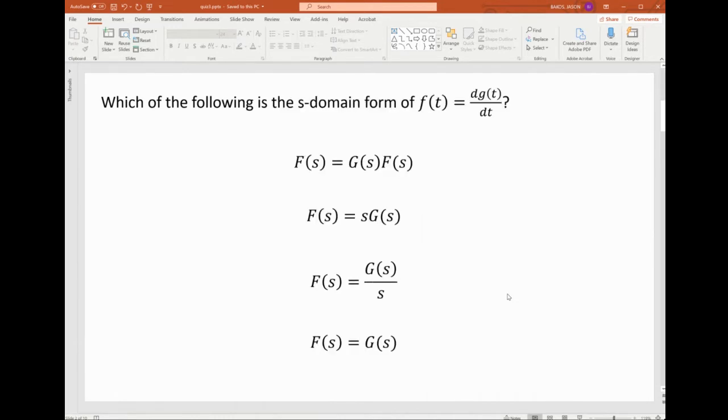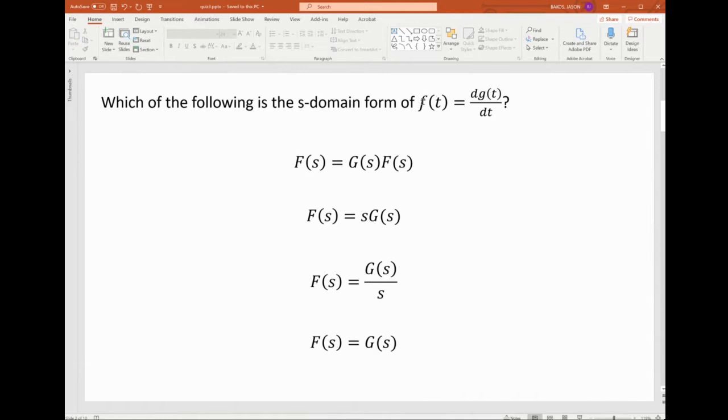Next question: which of the following is the S-domain form of f of t equals dg/dt? In this case, you're doing the derivative of g.